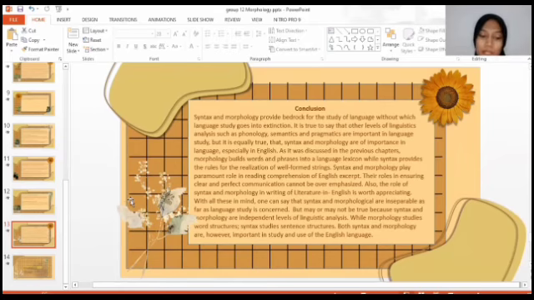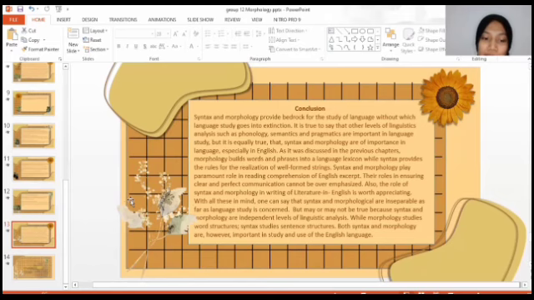Syntax and morphology play a paramount role in reading comprehension in English excerpts. Their roles in ensuring clear and perfect communication cannot be overemphasized. Also, the role of syntax and morphology in writing of literature in English is worth appreciating.